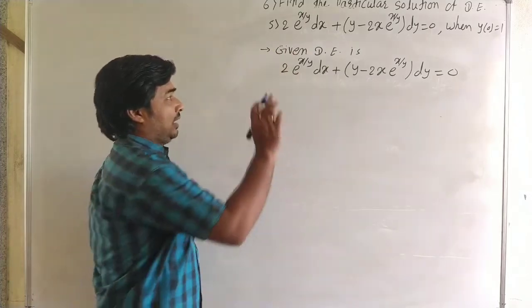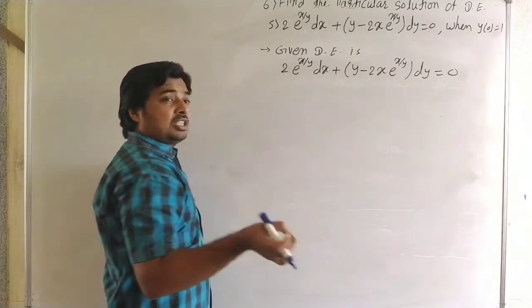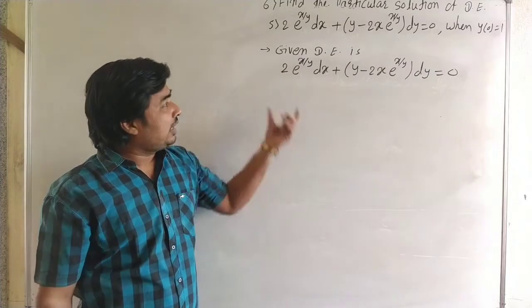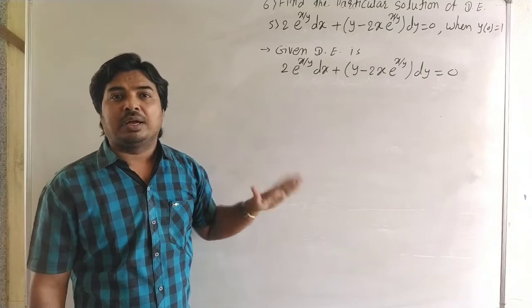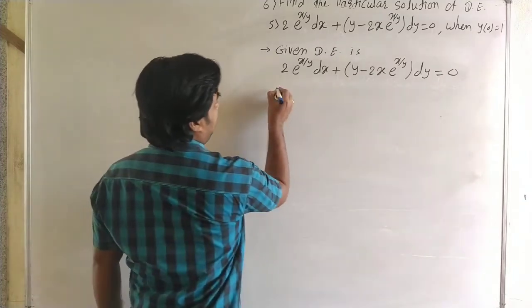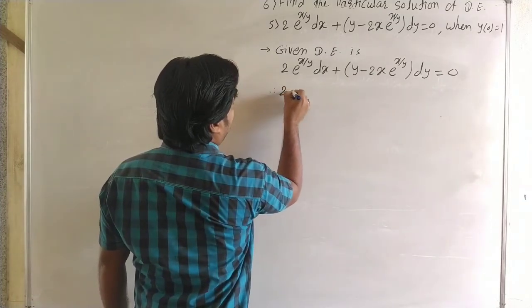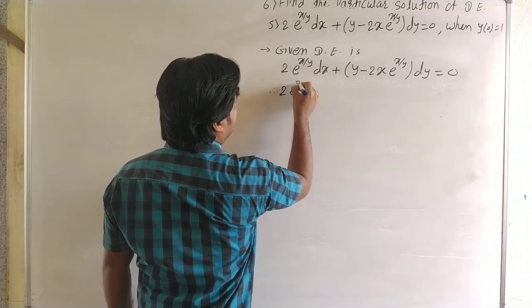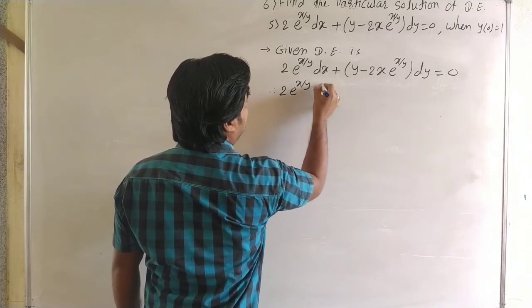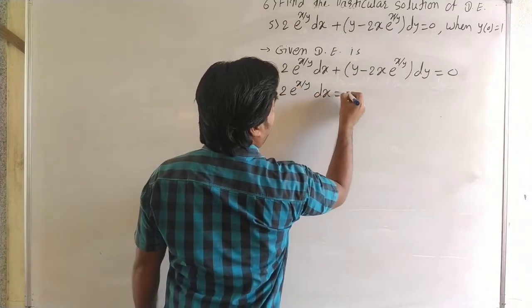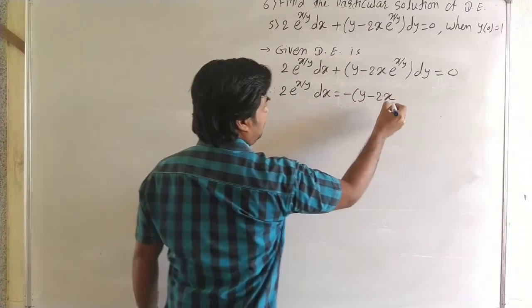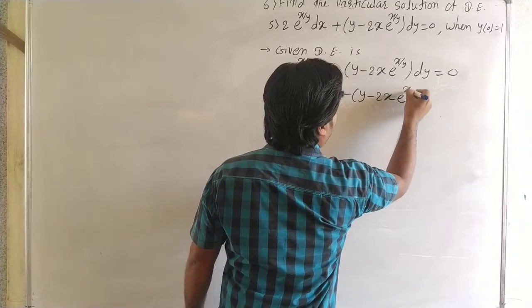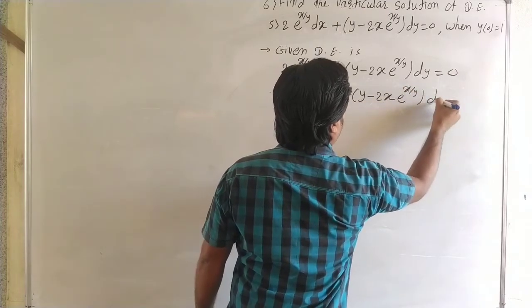Now we write this differential equation in the form of dx by dy. Therefore 2 e to the power x by y dx is equal to minus y minus 2x e to the power x by y dy.